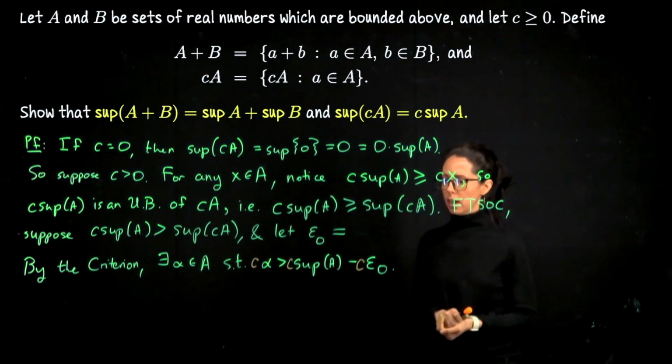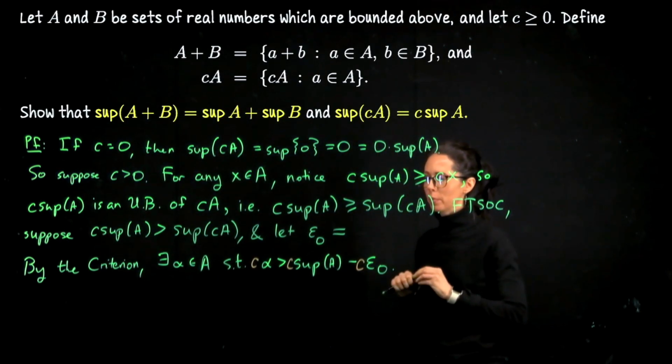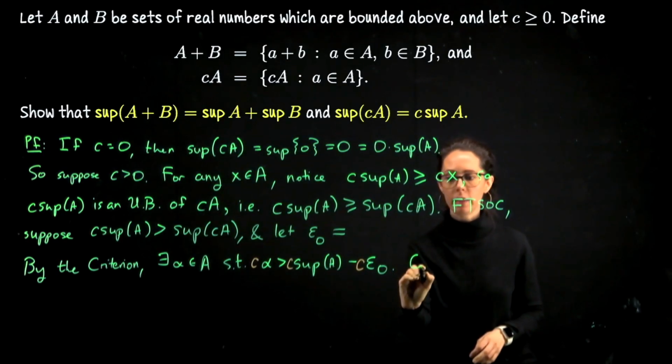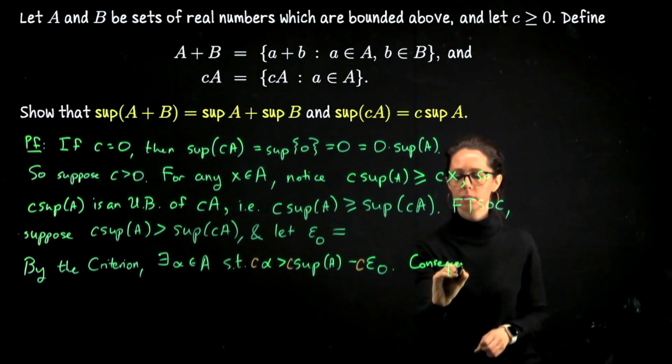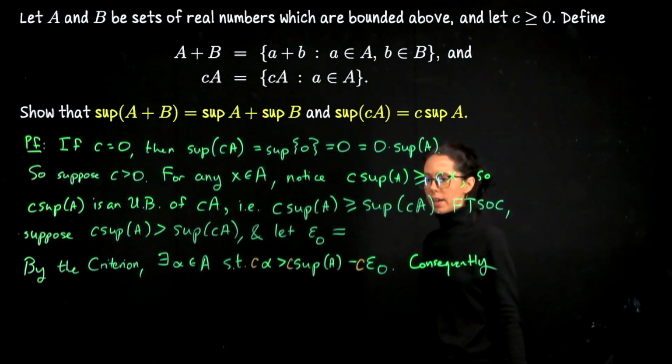All right. Let's see if I can keep going. I'm not sure what this algebra is going to be yet, but maybe it will fall out in just a moment. So consequently, if I look at, let's see, what do we have here?